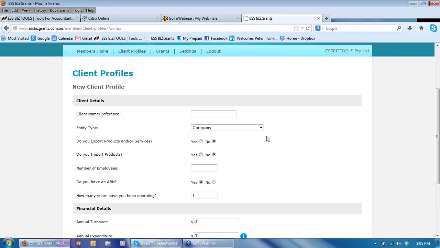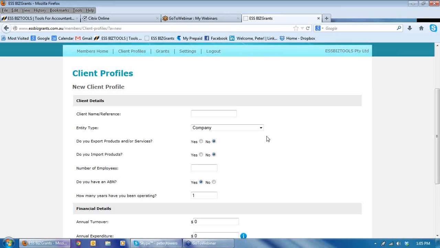Sometimes it can be quite surprising, the grants that are available, and it's difficult to just compare one client to another because it can just be small subtleties like years in business, number of employees, and obviously turnover in many cases that can determine whether one small business is going to be eligible for grants as compared to another.